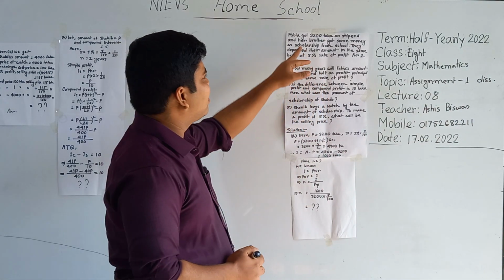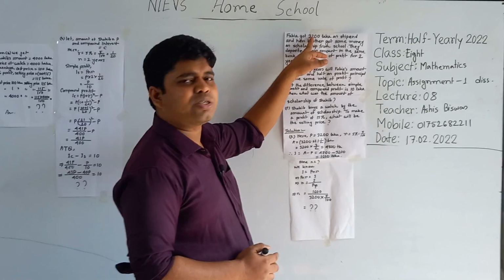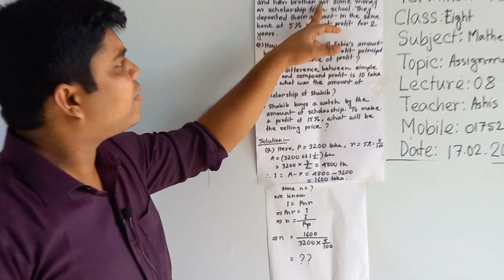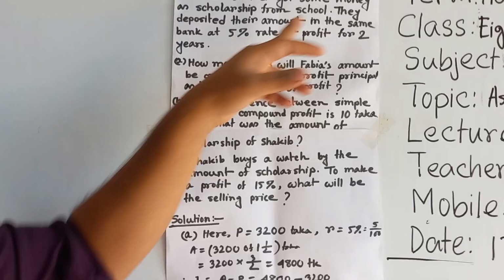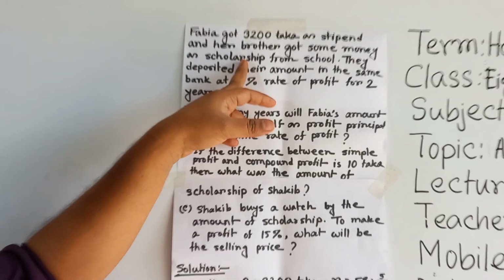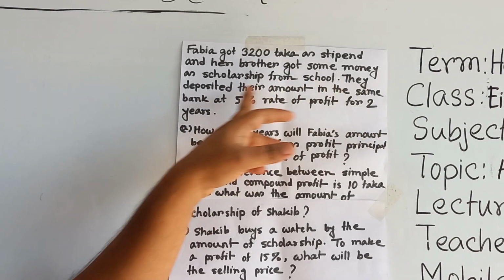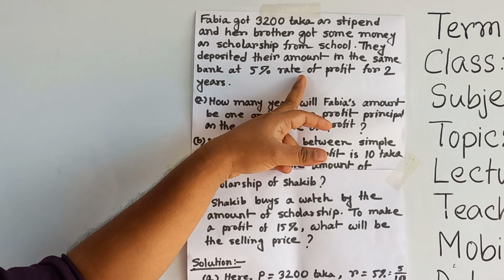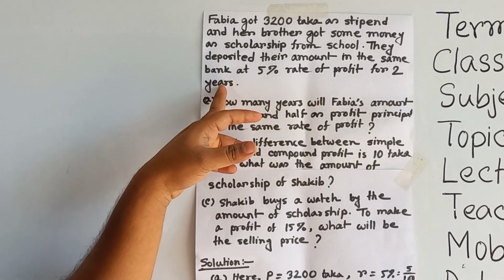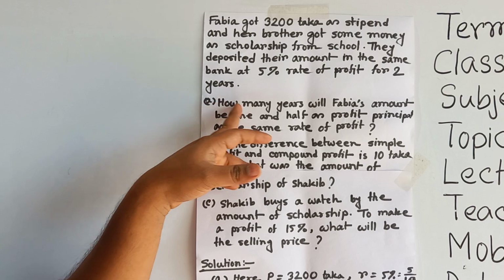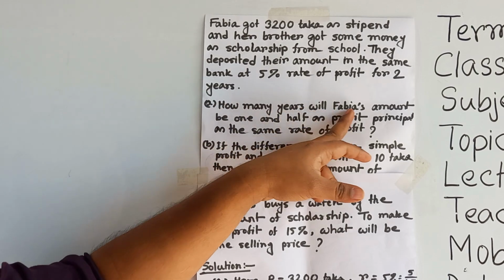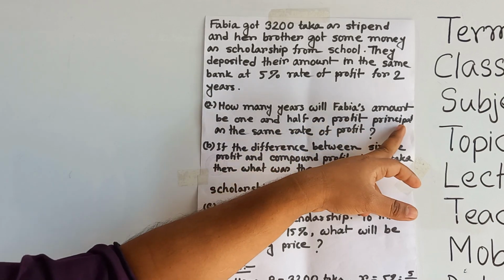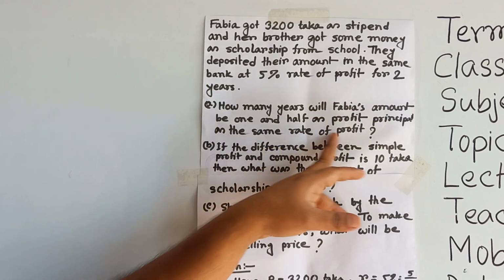Here is the question. Fabia got 3,200 taka as a stipend and her brother got some money as a scholarship from school. They deposited their amount in the same bank at a 5% rate of profit for 2 years. Question A: how many years will it take for Fabia's amount to be 1.5 times the principal at the same rate of profit?